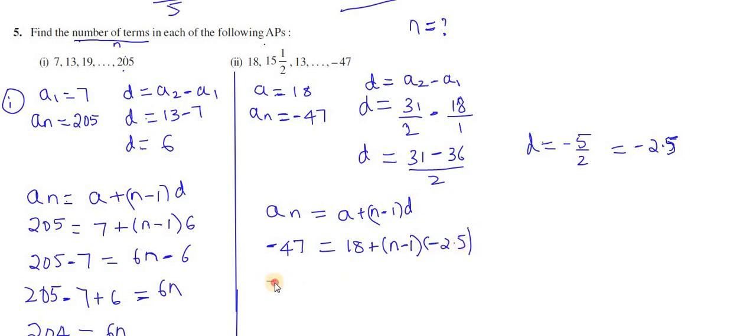So now we can write here minus 47 minus 18, which is equal to minus 2.5 n plus 2.5. Now simplify this.